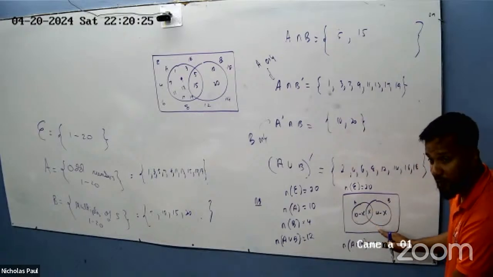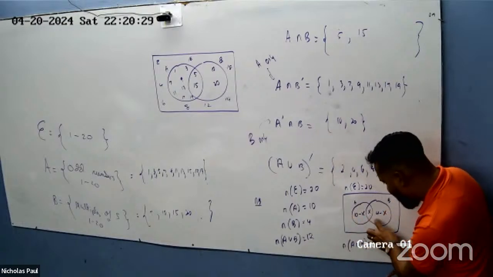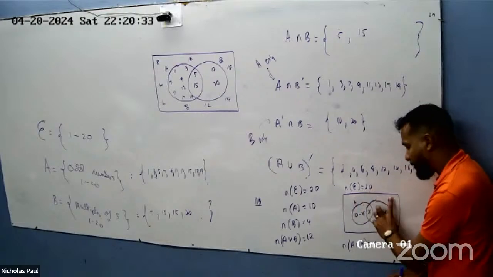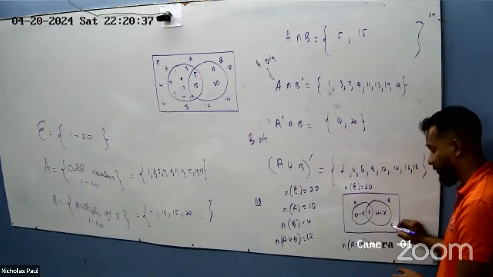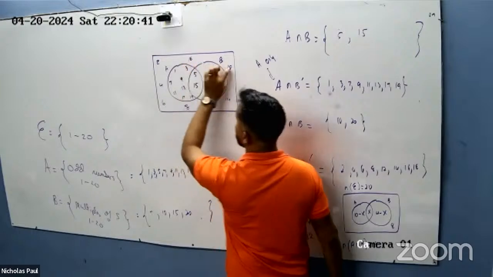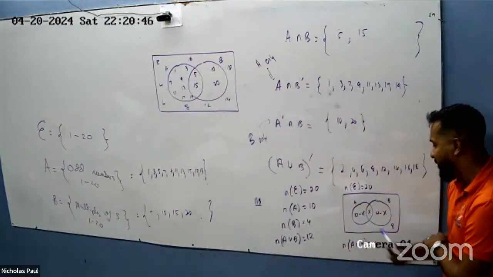If everything inside here is 12, and the total is 20, then outside there are 8 elements. So let's see, 1, 2, 3, 4, 5, 6, 7, 8. That's okay?